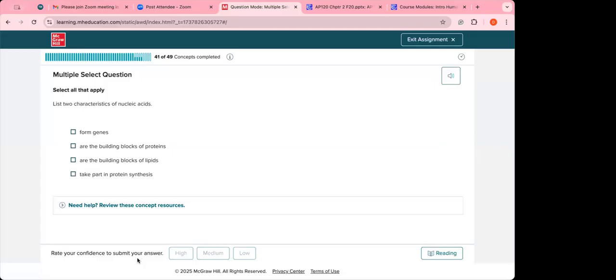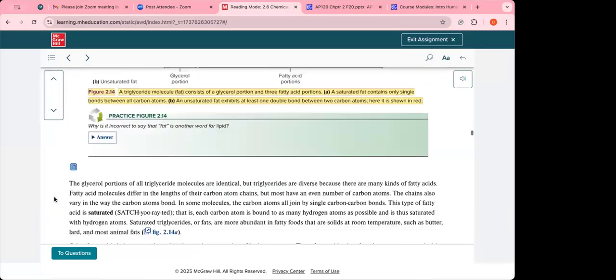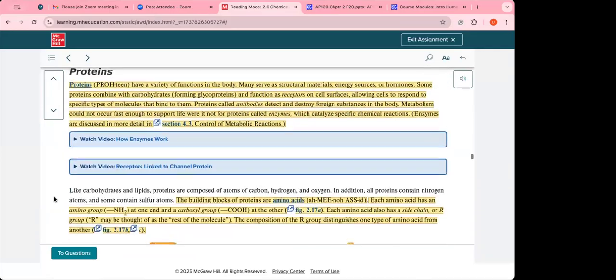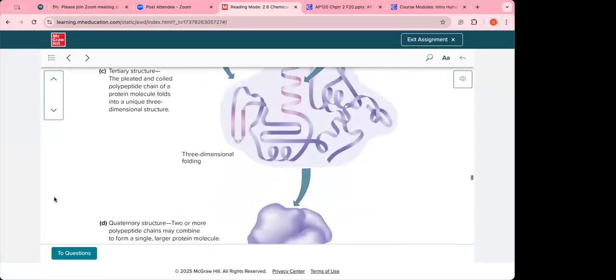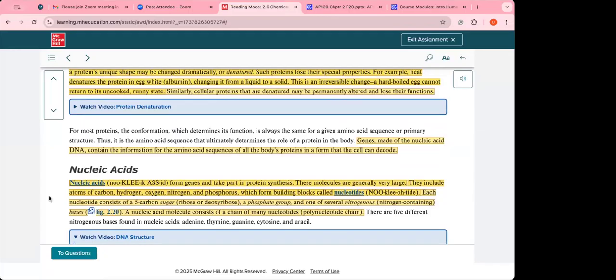Okay, now list 2 characteristics of nucleic acids. So we have to go back to nucleic acid and read about that. Okay, so nucleic acids form genes and take part in protein synthesis.